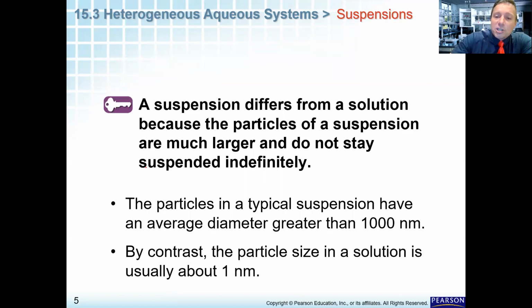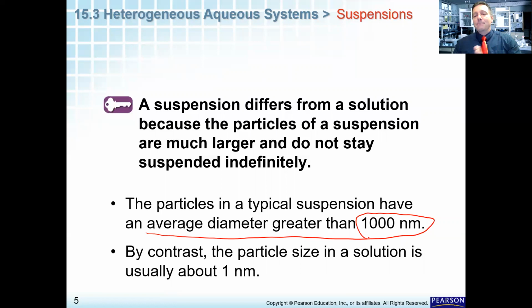A suspension has a diameter greater than 1,000 nanometers. So remember what a nanometer is. 1 times 10 to the negative 9 meters is a nanometer. So if you have 1 meter, you have 10 to the 9 nanometers. Extremely tiny, very small.